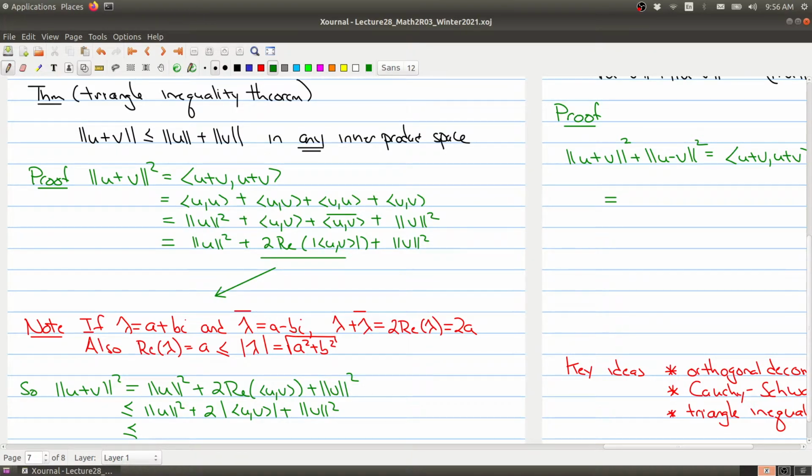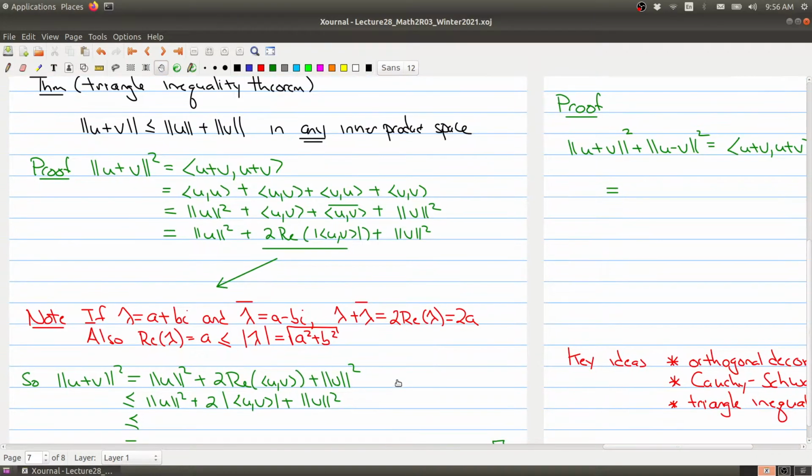So we're adding the inner product of u and v to its complex conjugate, and we end up with twice the real part of the inner product of u and v. And the real part of a complex number is a, which is less than or equal to the absolute value, the square root of a squared plus b squared.